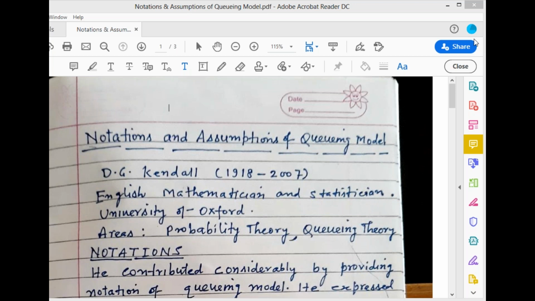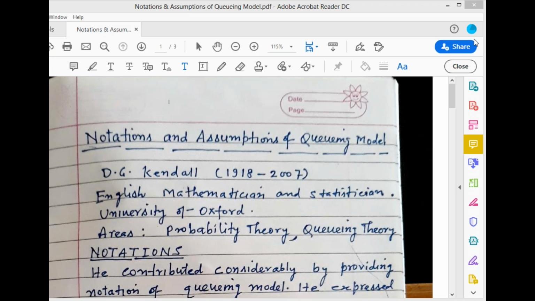He was an English mathematician and statistician who worked at the University of Oxford. His areas of interest include probability theory, queuing theory and others.